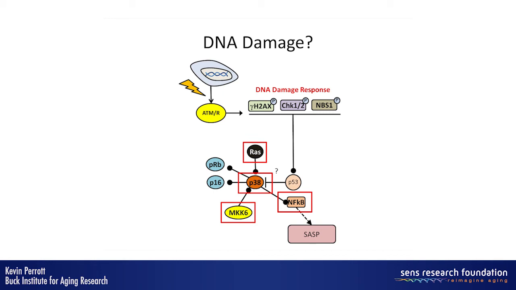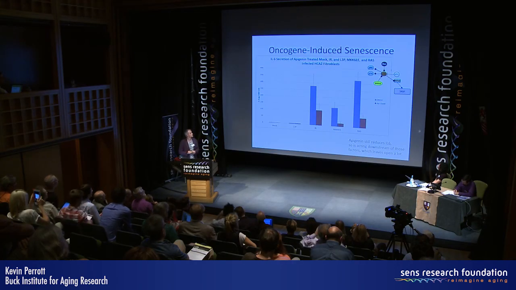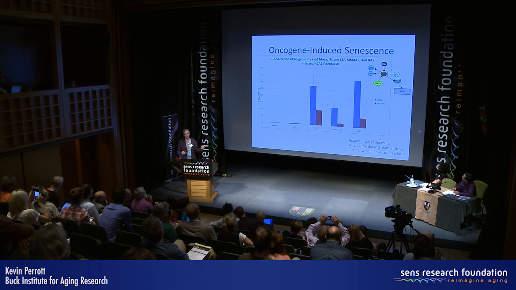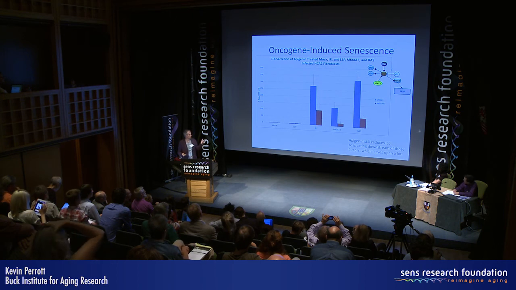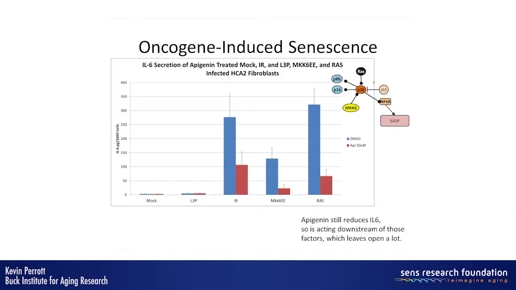So in oncogene-induced senescence, we were curious, does Apigenin lower that? If it doesn't, then potentially Apigenin is acting upstream of these factors. But Apigenin does suppress IL-6 in the SASP produced by both MKK6 and RAS-induced oncogene senescence.